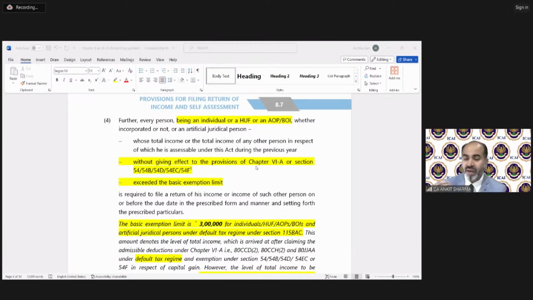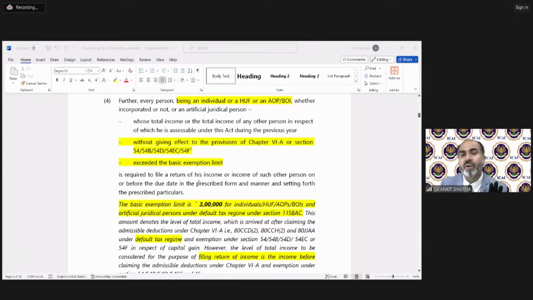So it says, whatever is the total income, kindly add back the deduction if he has claimed it, and the exemption under section 54, 54B, 54D, EC and F. And after adding the deduction and these exemptions, if this income exceeds the exemption limit, then he is required to file a return of income, or of the income of the other person on which he is a deemed assessee.